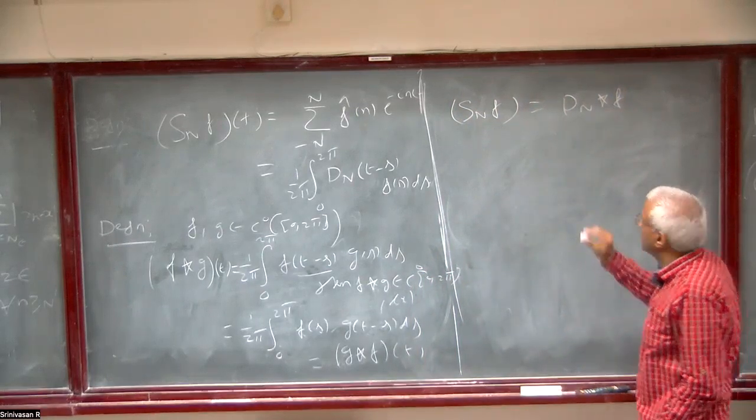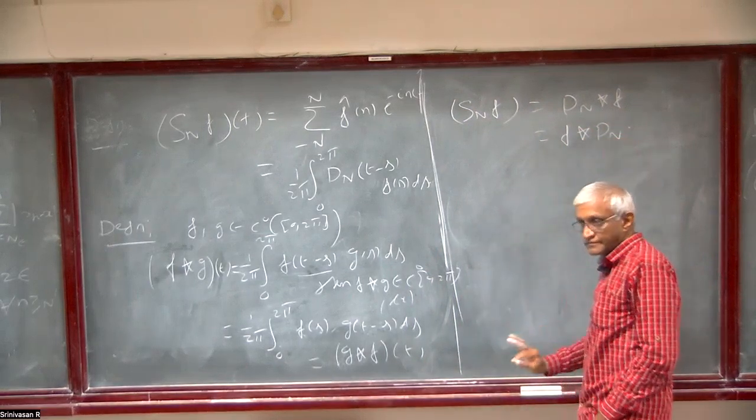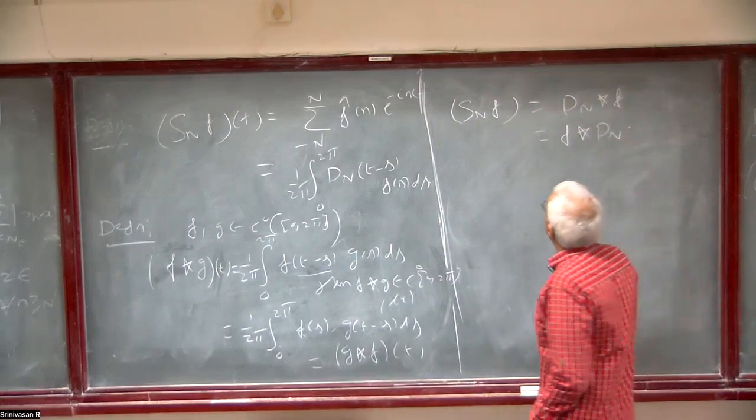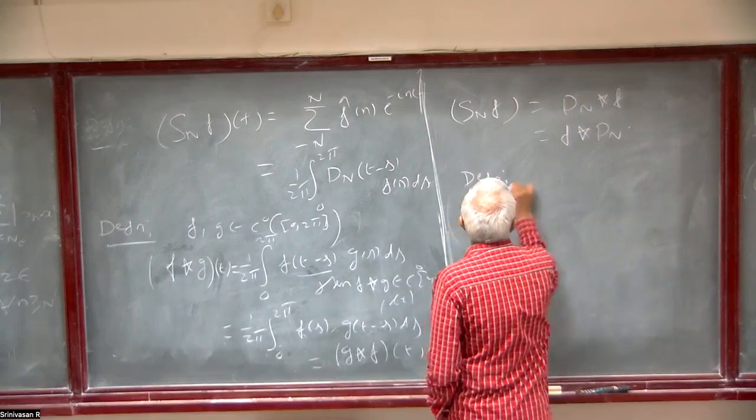Which is also equal to f star g. Now the claim is, definition: this is what is called the Fejer kernel.